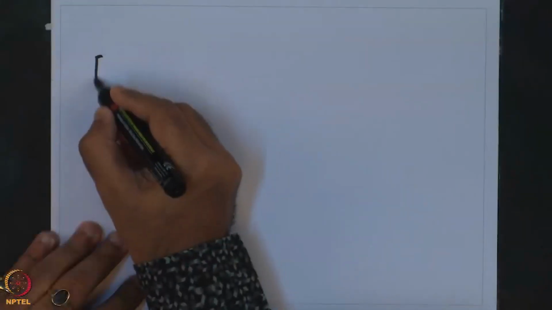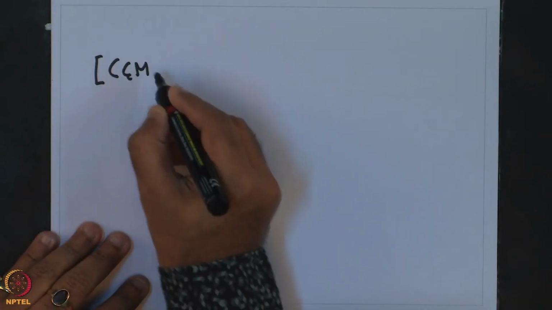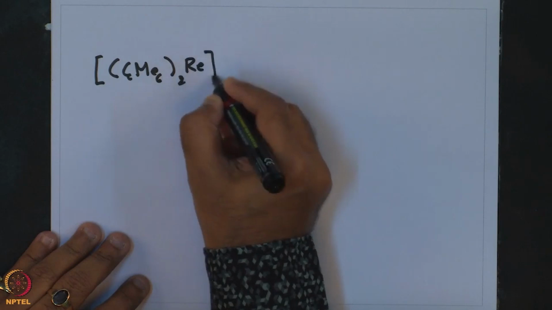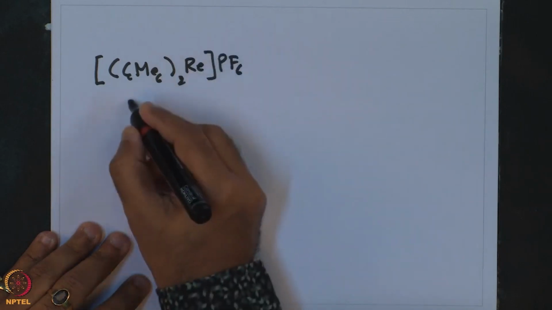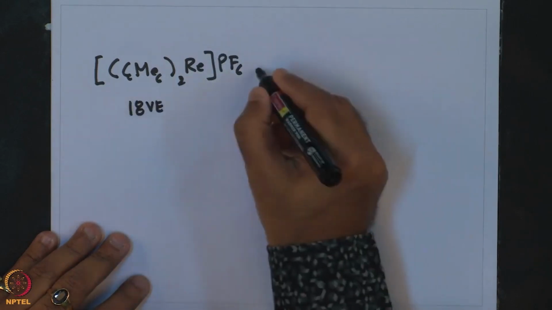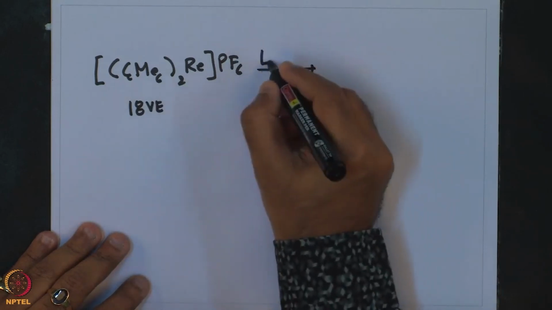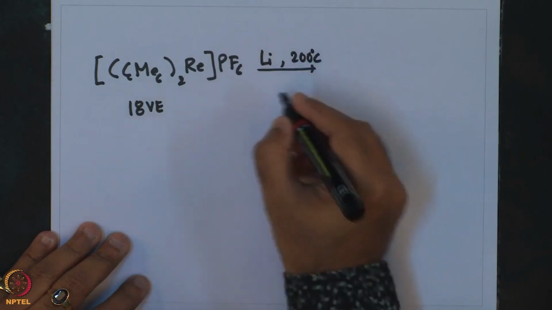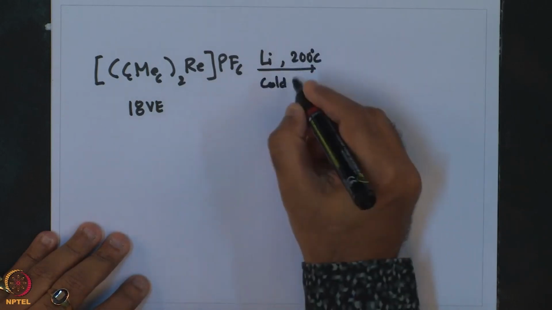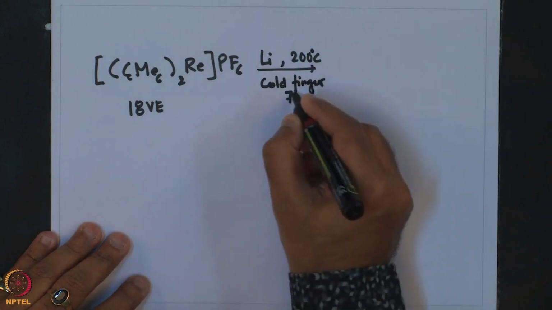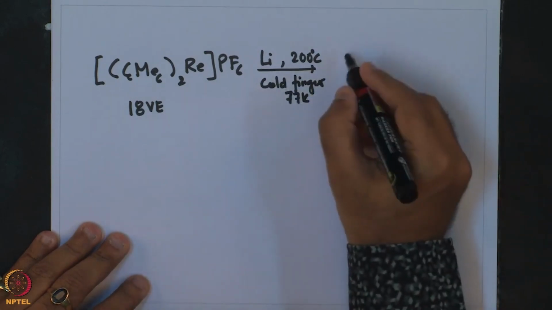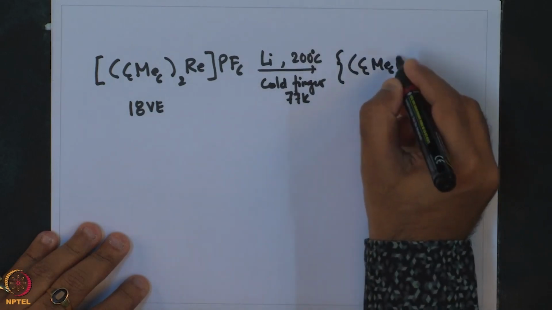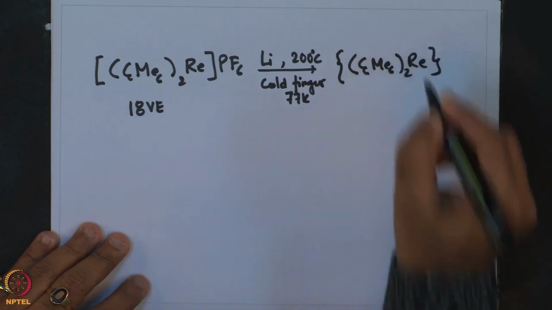The equation is given over here. So, this is [C6Me6]2 rhenium PF6, hexamethylbenzene rhenium. This is an 18 valence electron complex, in presence of lithium at 200 degrees centigrade, and then depositing on the cold finger at 77 Kelvin, this very intriguing 19 electron complex (C6Me6)2 rhenium is isolated.